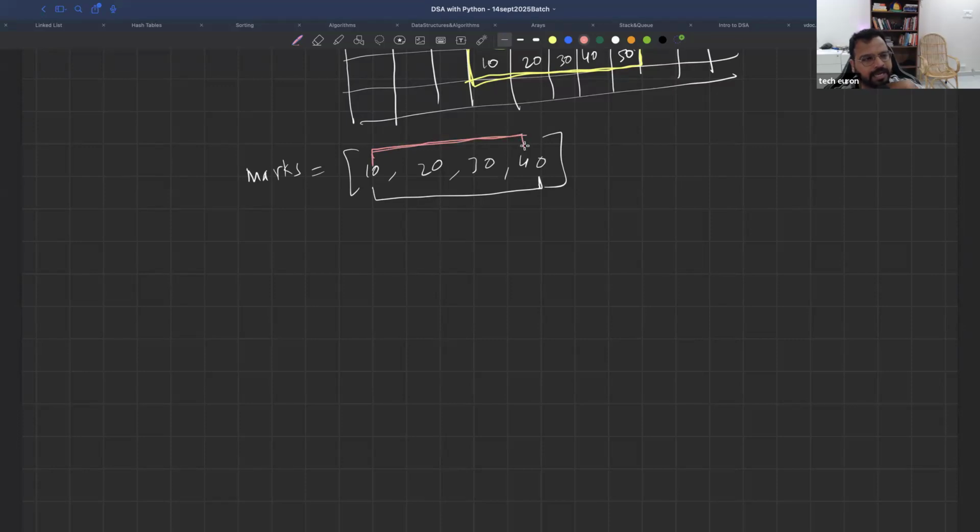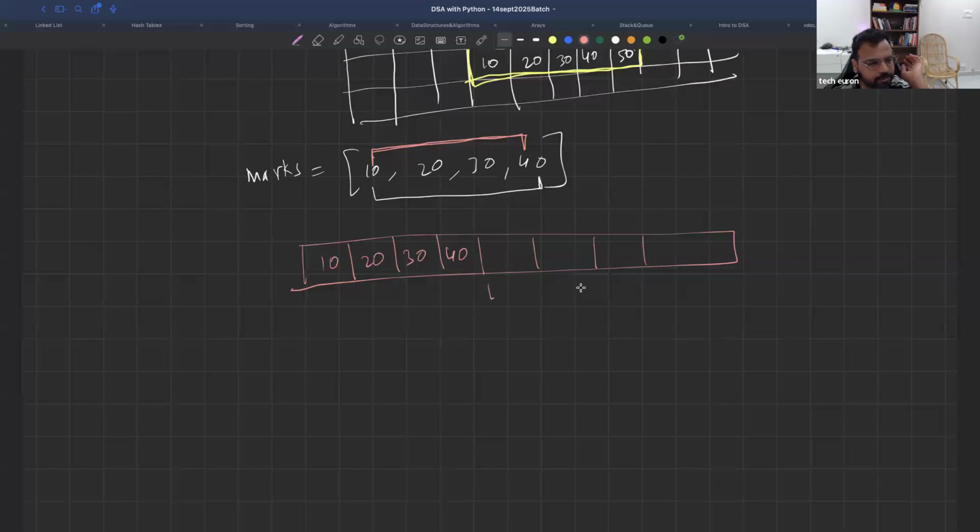What Python will say is, okay, you are asking me to store 4 elements. Fine. I will take 8 blocks for you. Store 4, I'm taking 8. Tomorrow, if you want to add something, you will be able to add. So Python will block this much memory, 1, 2, 3, 4, 5, 6, 7, 8, and we will store here 10, 20, 30, and 40. And this much will be available for us as buffer. So tomorrow, if you say add 50, we can say okay, we will add 50. Then you say add 60 also, we'll add 60.